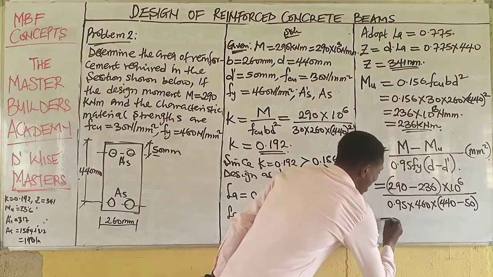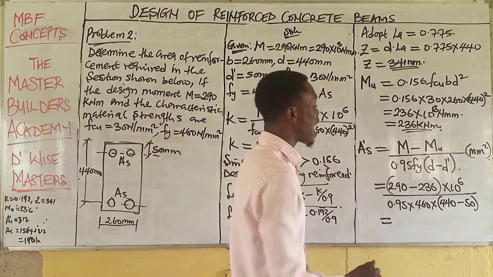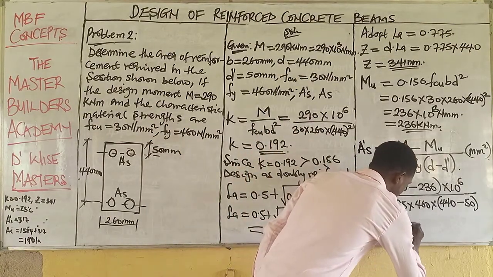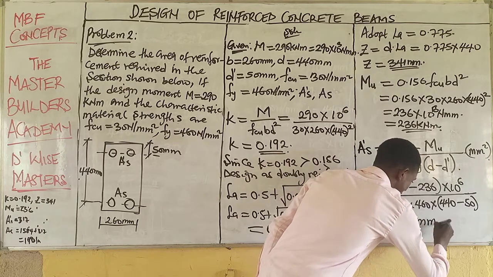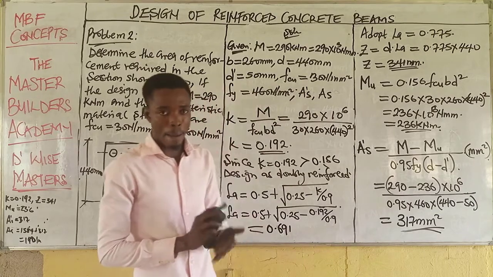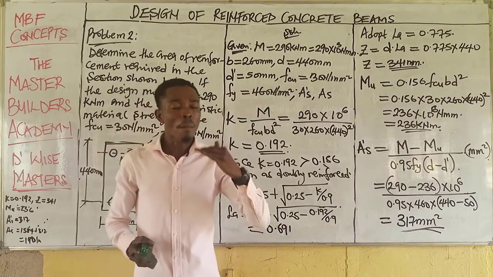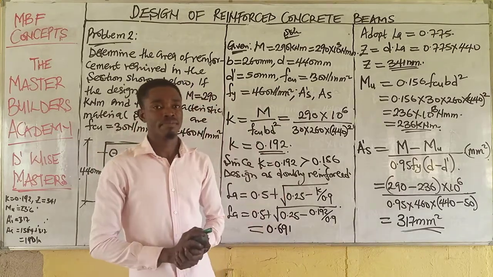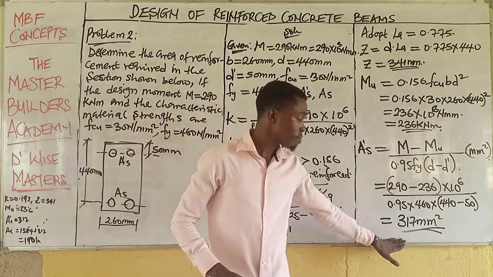So guys, when you simplify and multiply out, the resulting value is 317 millimeters squared. This is the area of the top bar, which is the compression bars.